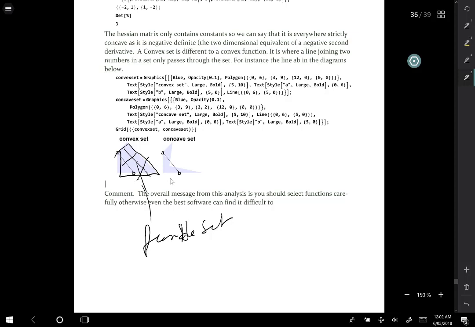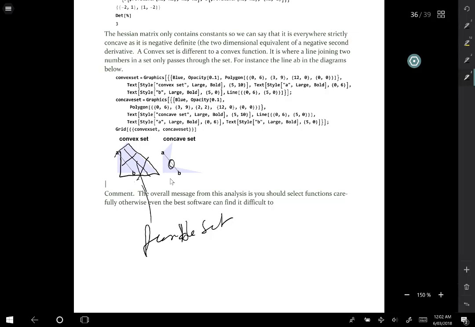So that's the definition, a very rough definition of a convex set. A concave set is one where you have a line, and you'll see here that the line starts on the edge of the set and goes to the other side of the set, but then it comes out of the set at that point there.